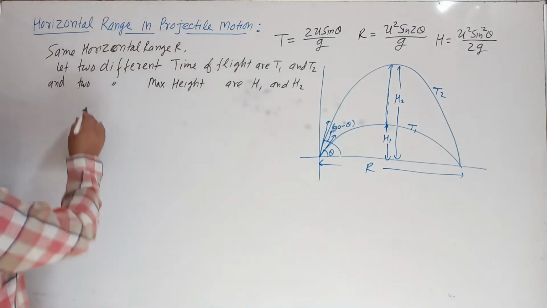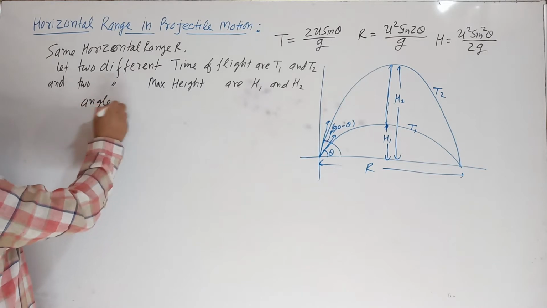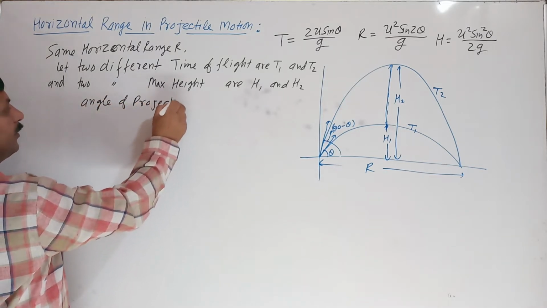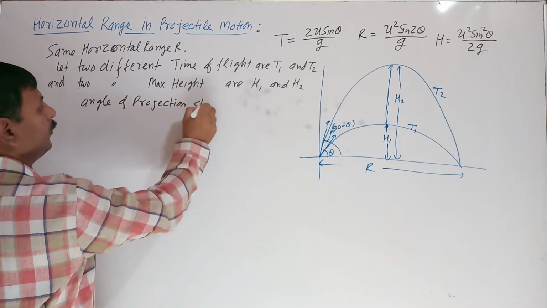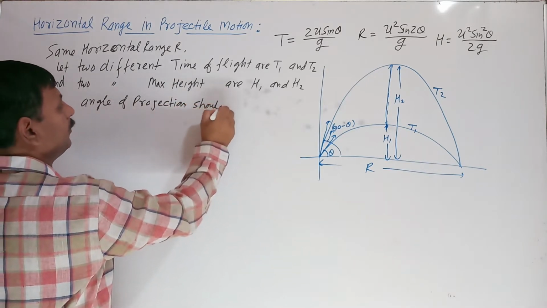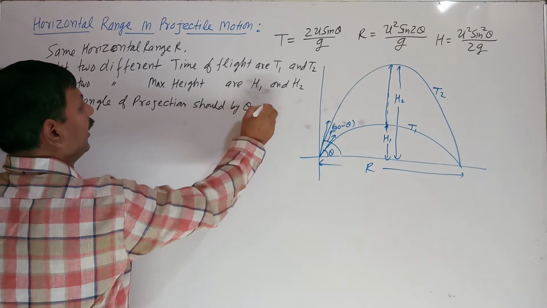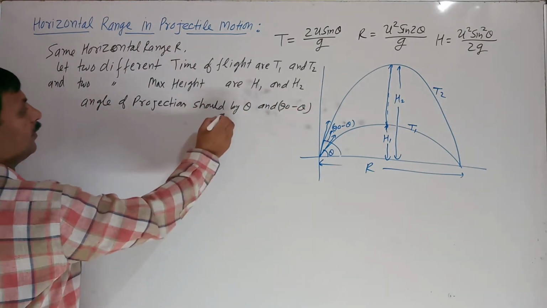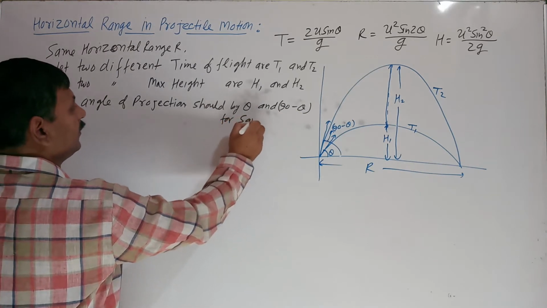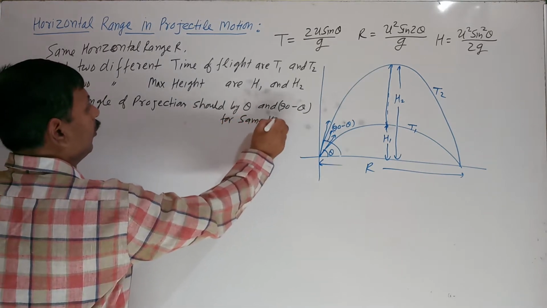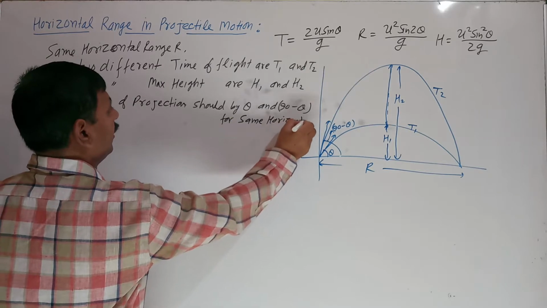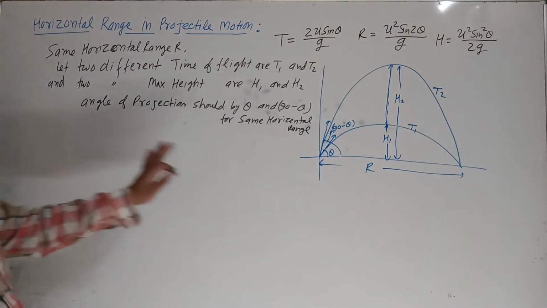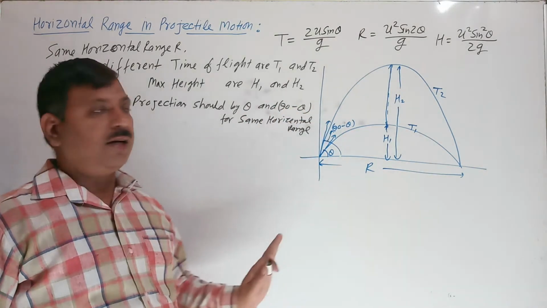So here the angle of projection should be theta and 90 minus theta for the same horizontal range.